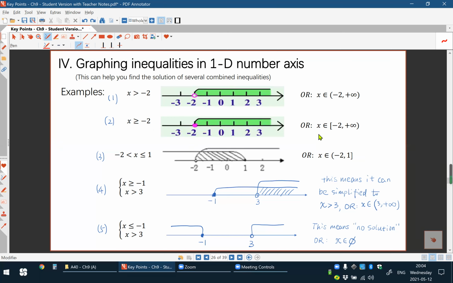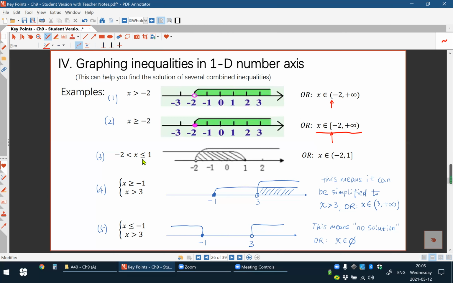And it also corresponds to this notation here: x belongs to the interval -2 to positive infinity. Okay, note that the two symbols here are also different. One is round brackets, one is square brackets. Okay.